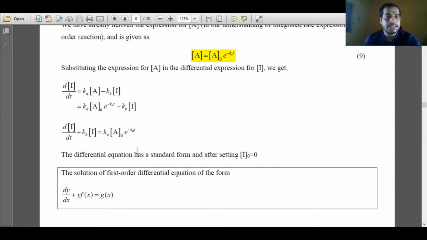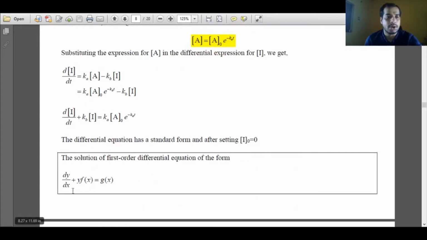We have to integrate it to obtain a value for intermediate I so that we can find out the concentration of intermediate I at any time t. The solution of this first order differential equation is of the form dy over dx plus y f(x) is equal to g(x). This differential expression for I is of the form dy over dx plus y f(x) is equal to g(x).